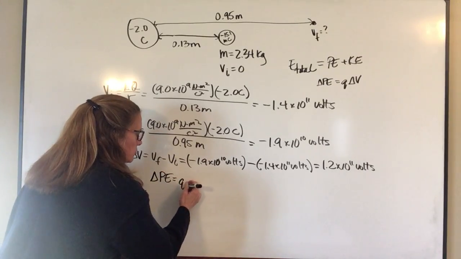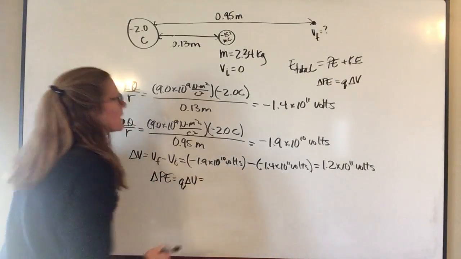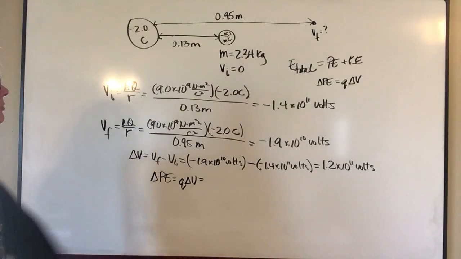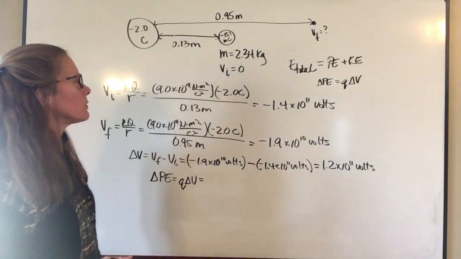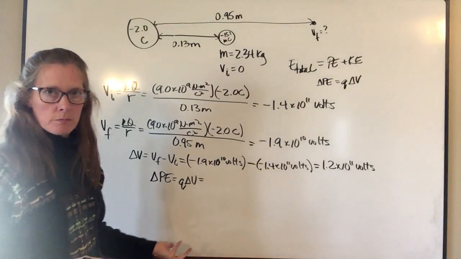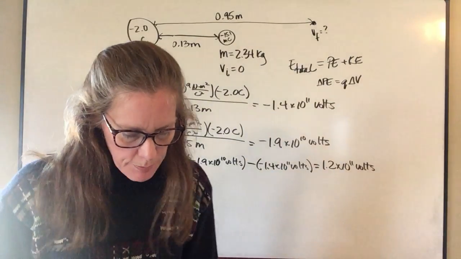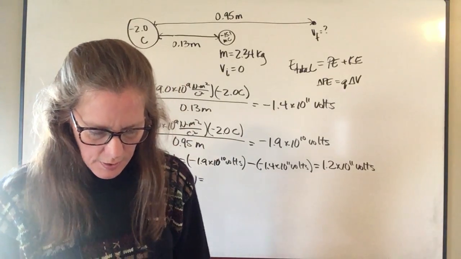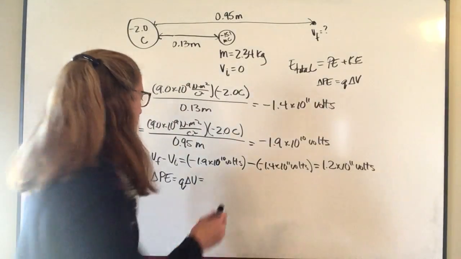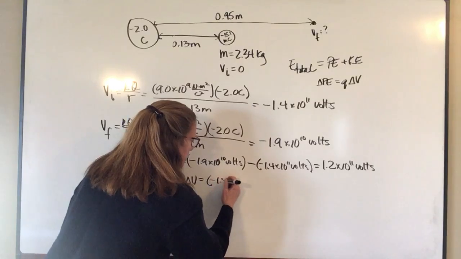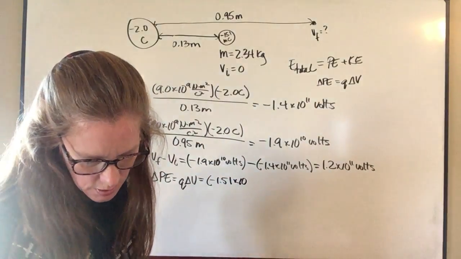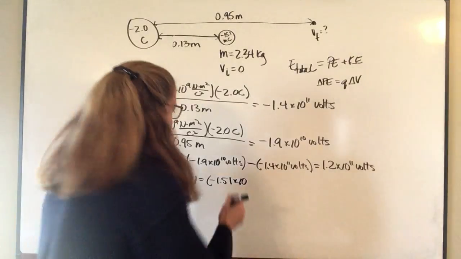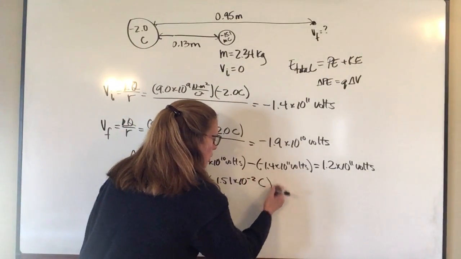Change in potential energy is Q times delta V. The Q, the movable charge, is a negative charge, so it's negative 15.1 millicoulombs. And so when I put that in correct scientific notation, it becomes negative 1.51 times 10 to the minus 2 coulombs.